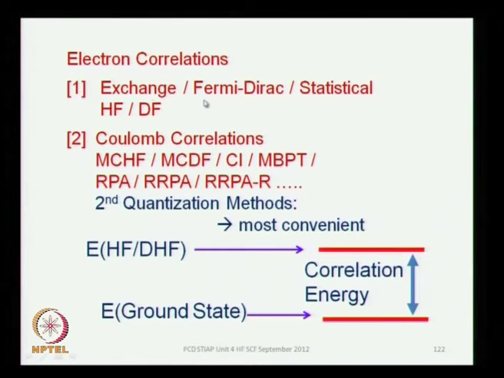The exchange correlations are also called Fermi-Dirac correlations or statistical correlations, and the terminology is obvious. To include the Coulomb correlations, you can do what is called MCHF, which stands for multi-configurational Hartree-Fock, or MCDF, which stands for multi-configurational Dirac-Fock.